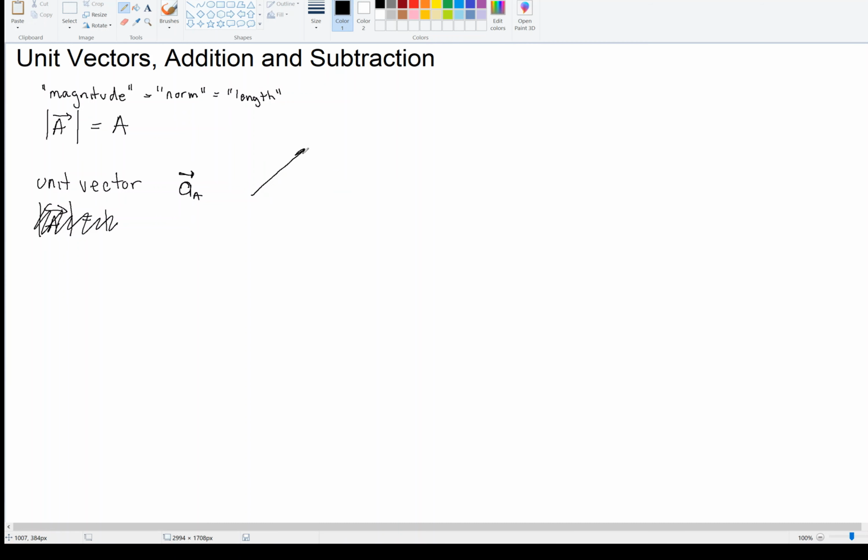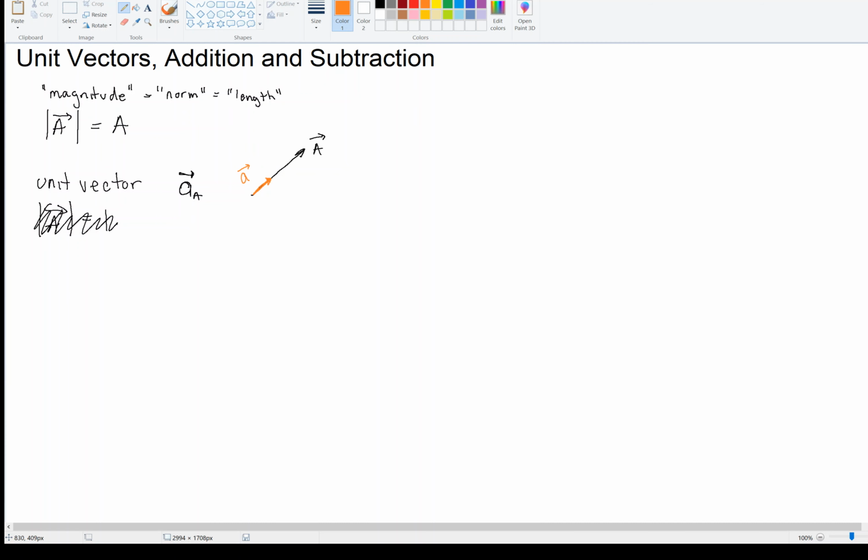So let's say that this thing is capital A, meaning its length is not 1, or it could be 1, but it's probably not 1. A unit vector that points in that same direction might be this.